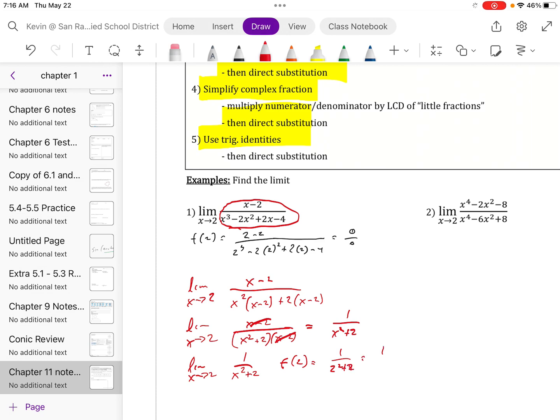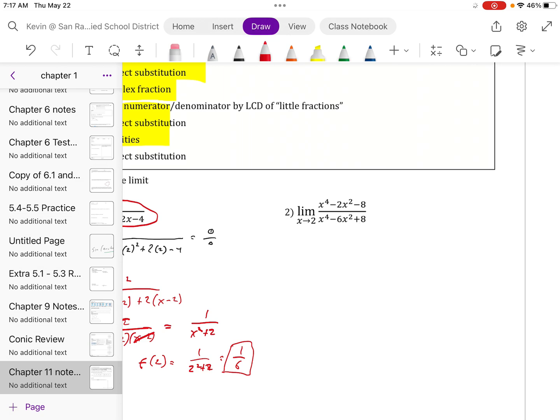So that is, what, 1/6. Okay, so as x is approaching 2, then our y, our output, is approaching 1/6. So it does have a limit, okay? It's just we couldn't find it using direct substitution. Hopefully that makes sense. I've got to be really delicate here.